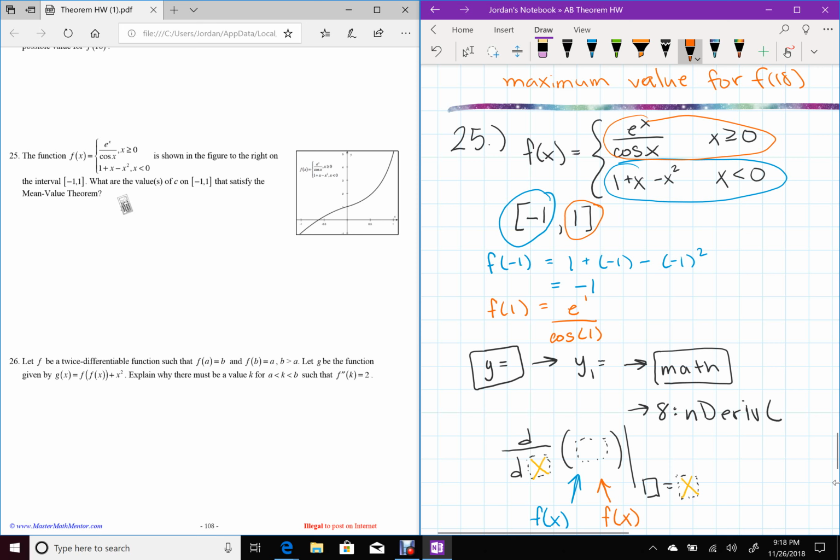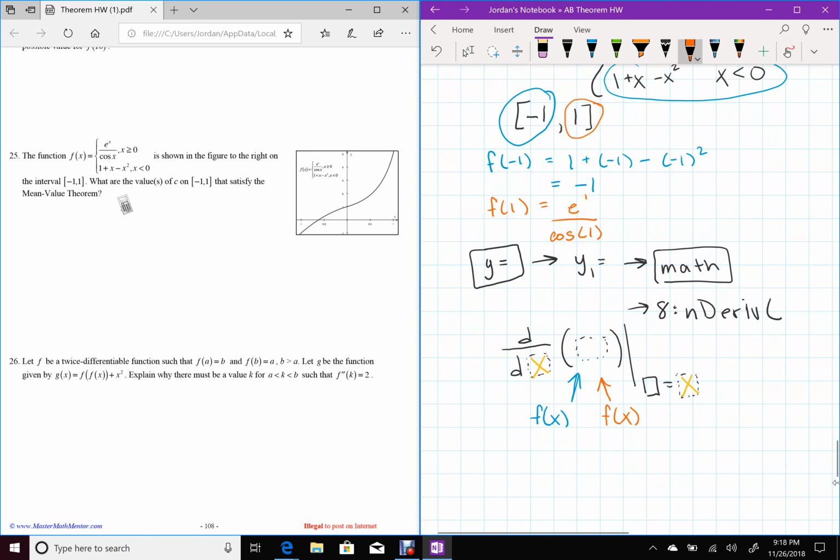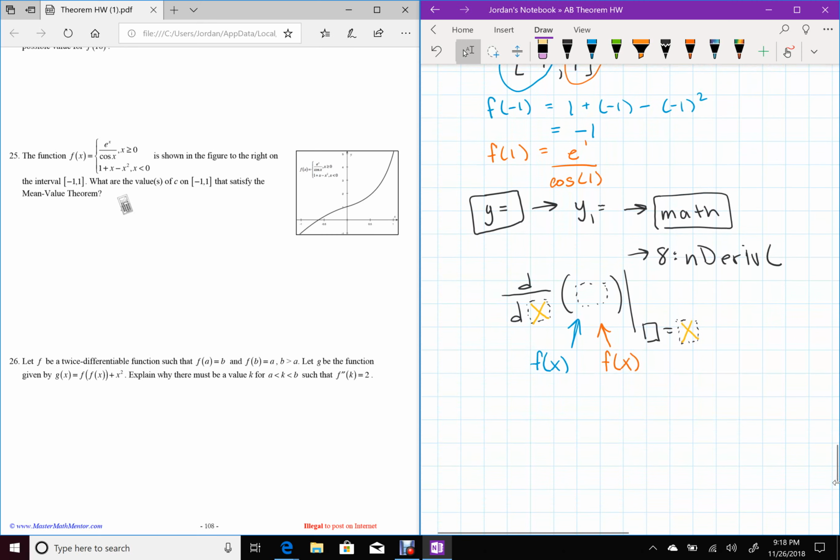Now, we don't yet have what we need it to equal. What we need it to equal is the secant information that we were using from before.